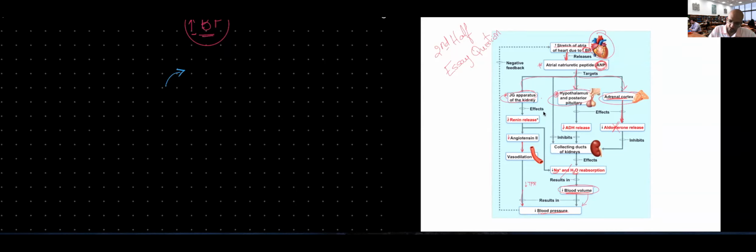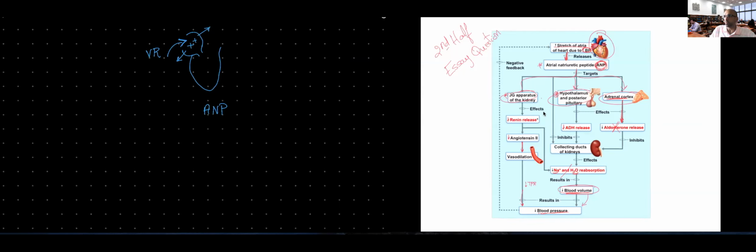So if you remember, if a person has high blood pressure, the amount of blood returning back to the heart, called the venous return, is going to be increased. And if I have an increase in the venous return returning to my right atrium, this will cause stretch of the atrium, stimulating the cardiac muscle cells of the atrium to release a hormone that we called atrial natriuretic peptide.